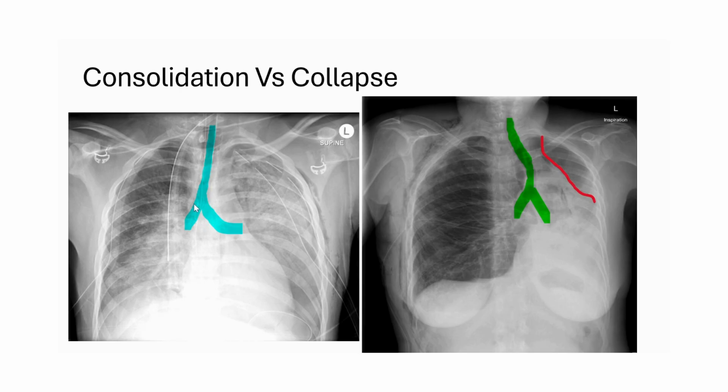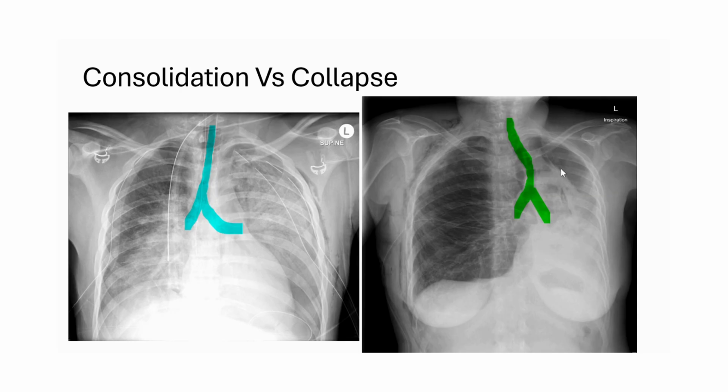So we can see in this image, the trachea is central in consolidation, with radio-opacity and air bronchogram, and the mediastinum is midline. Whereas in this image we can see this green line denoting the trachea shifted to the left side, and this red line denoting the pleural outline and air within the pleural cavity, in which we see no bronchovascular marking.